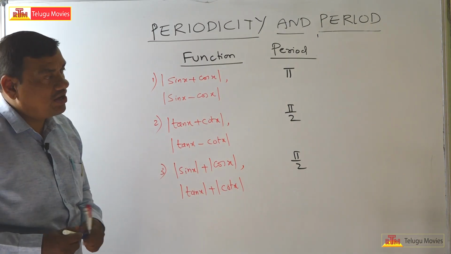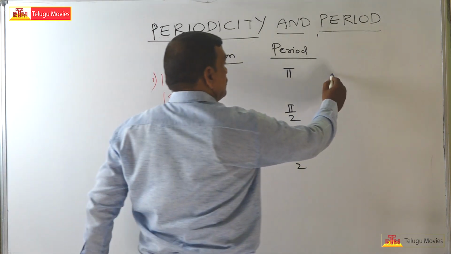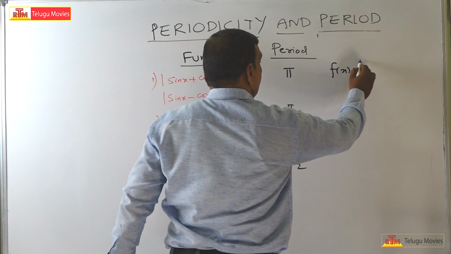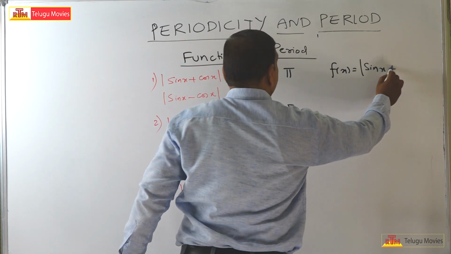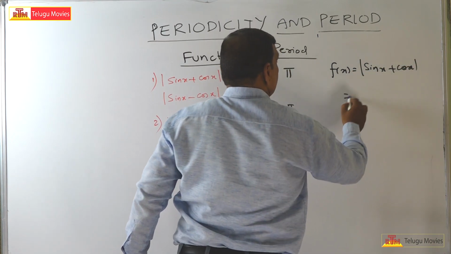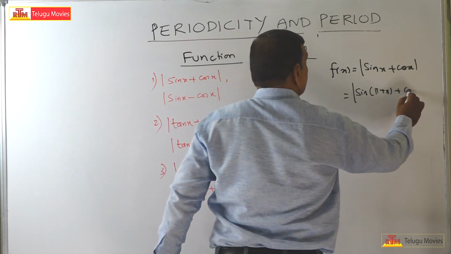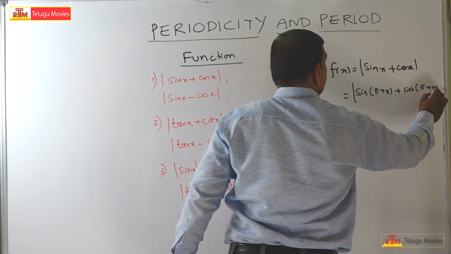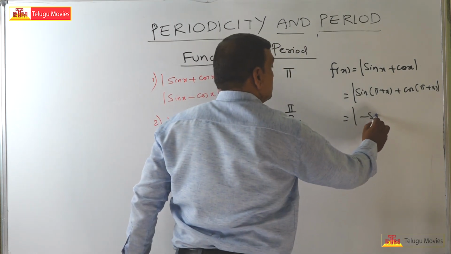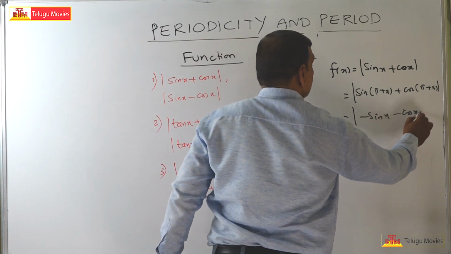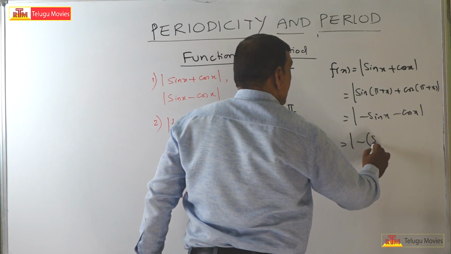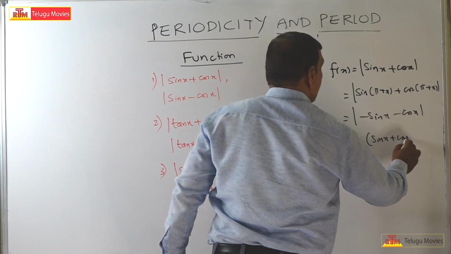So what is the proof? Very easy proof. f of x is equal to modulus of sin x plus cos x. Then f of x plus pi is equal to modulus of sin of pi plus x plus cos of pi plus x, which is minus sin x minus cos x, that is minus of sin x plus cos x.